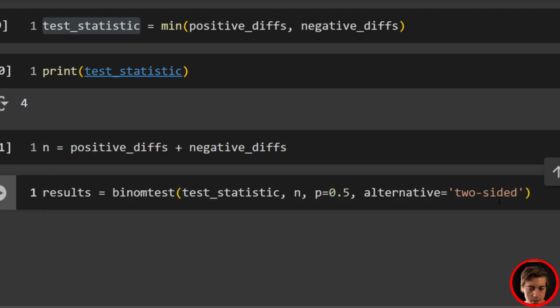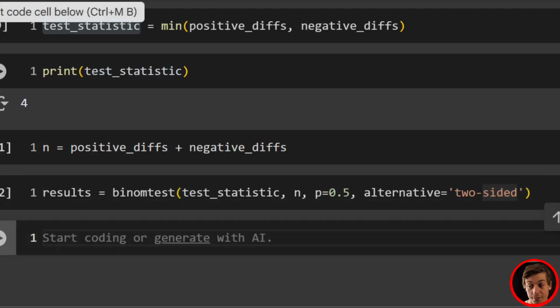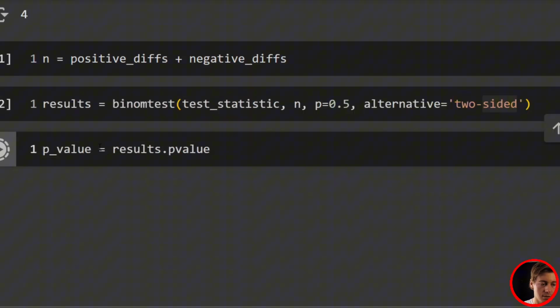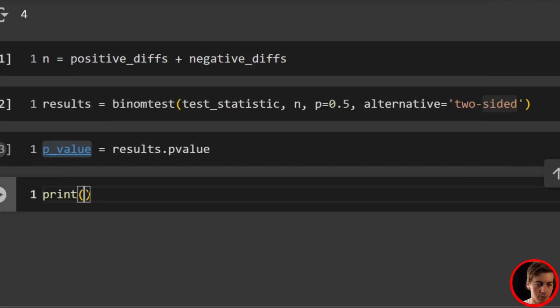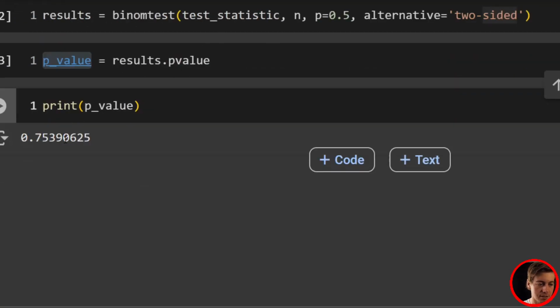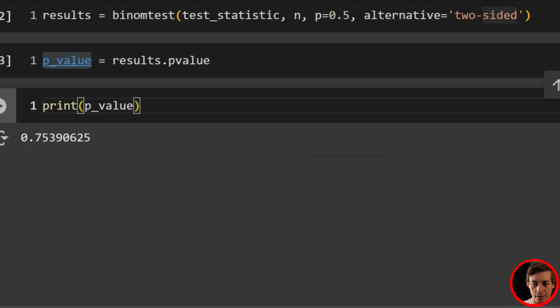Right, and then what we're going to do is find our p-value. So to get our p-value, you go p-value equals and results dot p-value like that. And then we can print out our p-value. So print out our p-value. And our p-value is going to be 0.7539.